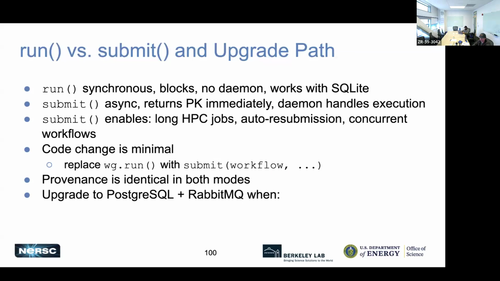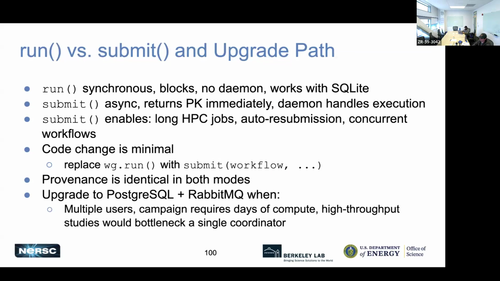And it's time to upgrade when you're adding multiple users, your campaign duration is getting very long, and similar to the Merlin concern, if you have lots of tasks, you're doing high throughput, and your single coordinator process has become the bottleneck for how reliably, how many tasks it can organize at a point in time.